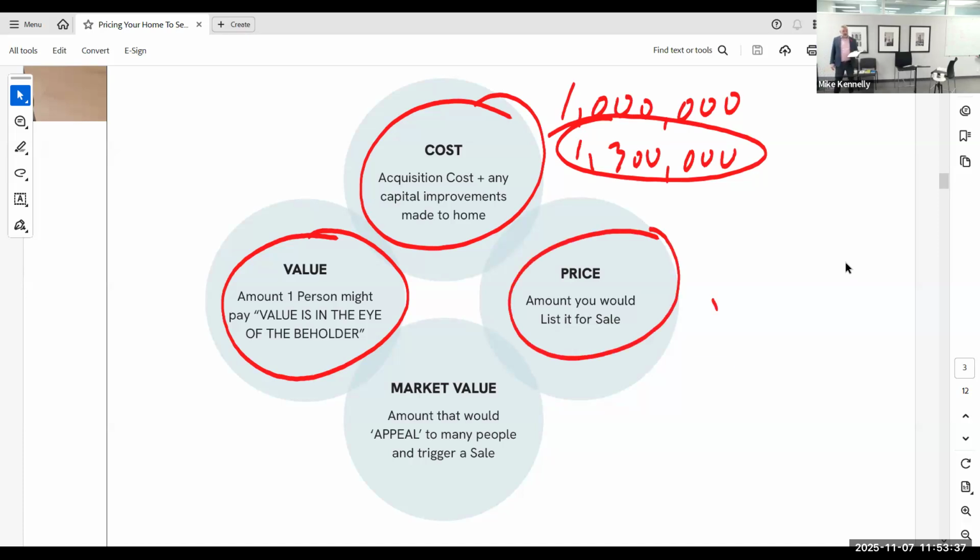Price. Back to that famous word. It's my price book. It's the price that we would list it for sale at. This is the price that we're putting on, and you get flyers in your house all the time, I'm sure, Mr. and Mrs. Seller, right? Great. Well, my favorite flyer is the Canadian Tire flyer. And when I get the Canadian Tire flyer, that front page, they have the best deals on that front page. It's about price, right?